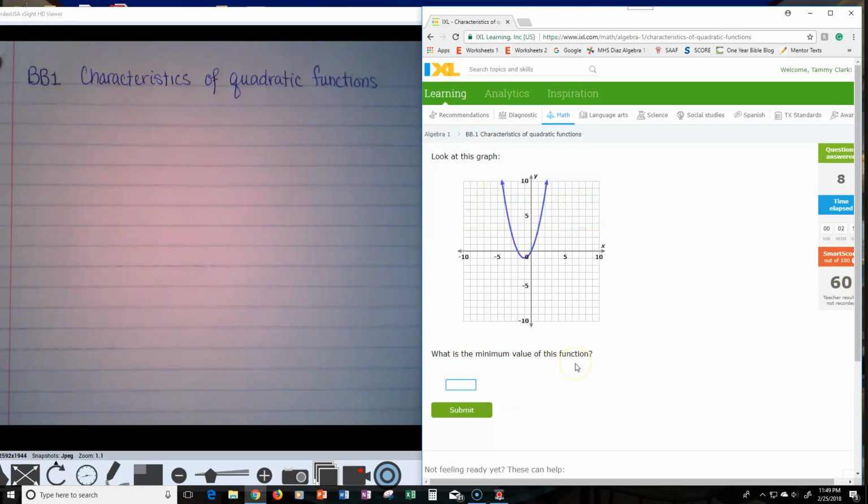What's the minimum value of this function? So when we say minimum, think vertex. So the minimum value is where the vertex is found, but we're looking for the y value. So let me write that down.